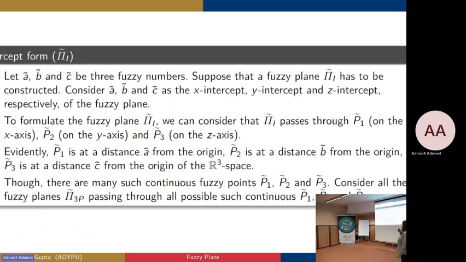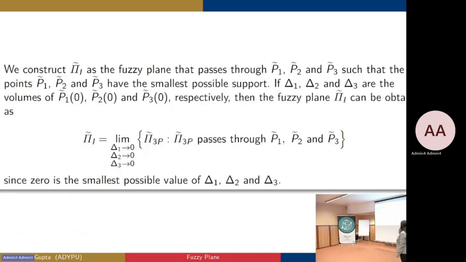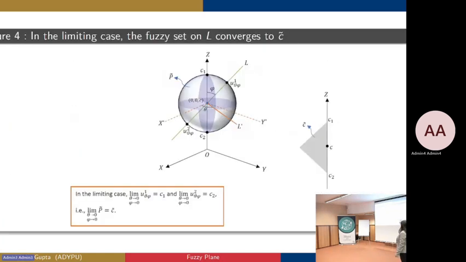So there will be different choices of these types of fuzzy points. Collect all the fuzzy planes passing through those points P1, P2 and P3, and in the limiting case, the fuzzy plane we find will be the intercept form of the fuzzy plane. What is the meaning of limiting case?